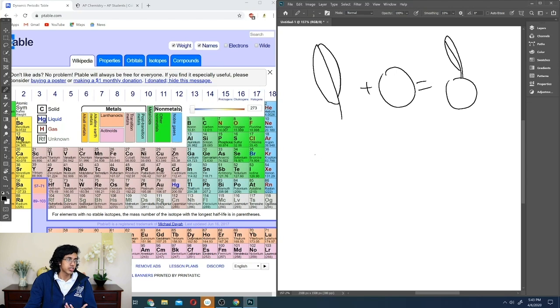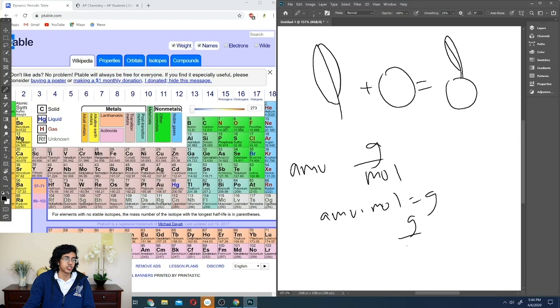Okay, so basically, this right now is telling us the AMU of each atom. But you can also think of it as grams per mole, because we know that to get from AMU to grams, we multiply by mole. So AMU times mole is equal to gram. So if we want grams per mole, which is basically our molar mass, right? Mass over mole, then that's just equal to an AMU.